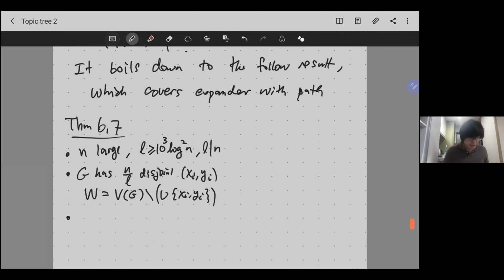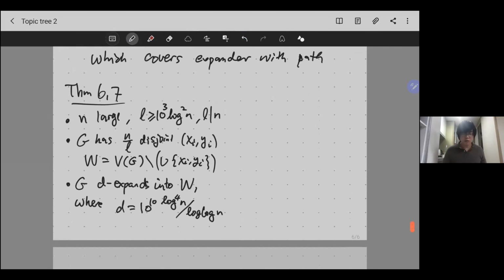Now we suppose that G, I haven't defined this, I will define it to conclude today maybe, G expands into W. Just keep in mind some sort of expansion property towards a subset, towards the remaining graph W, where the expansion factor is fairly large, something like 10 to the 10 log n to the 4. This low order term doesn't matter, something like a large polylog n power, okay?